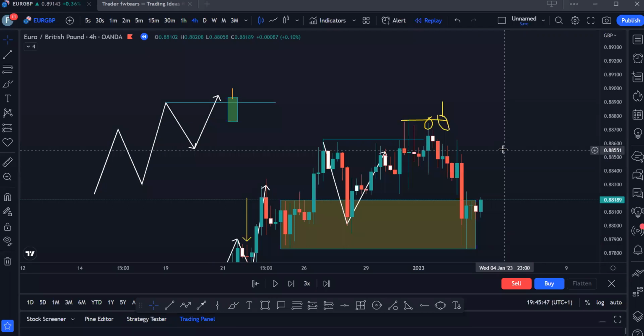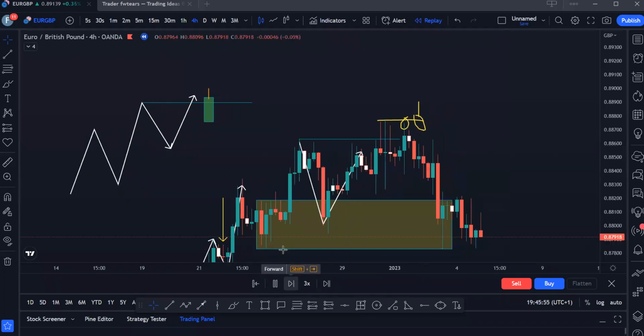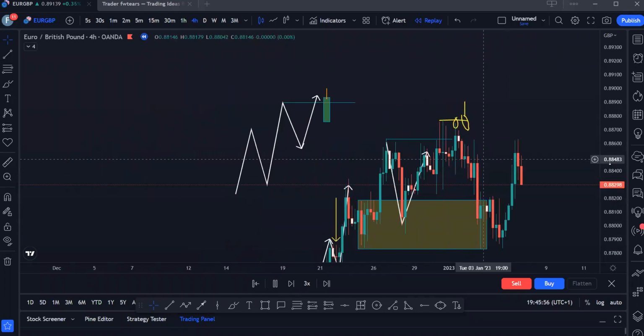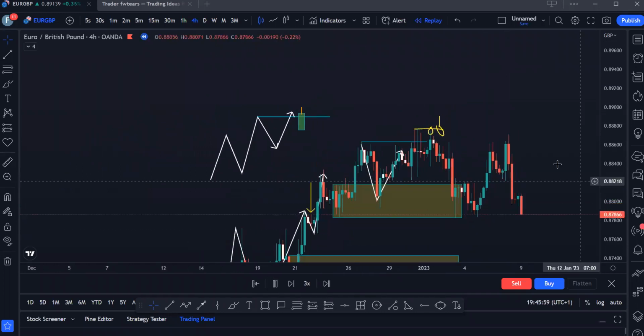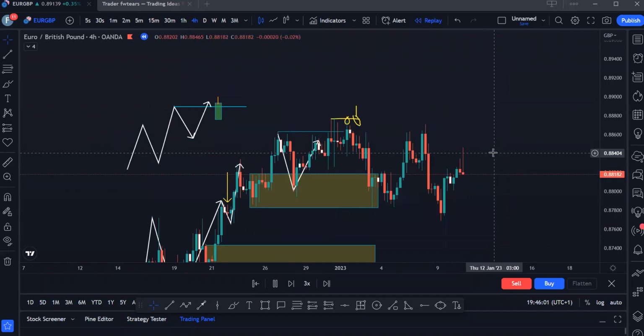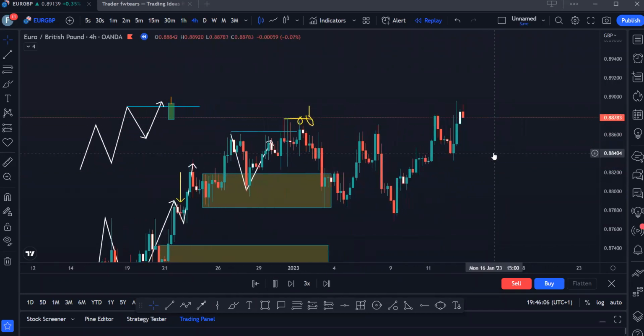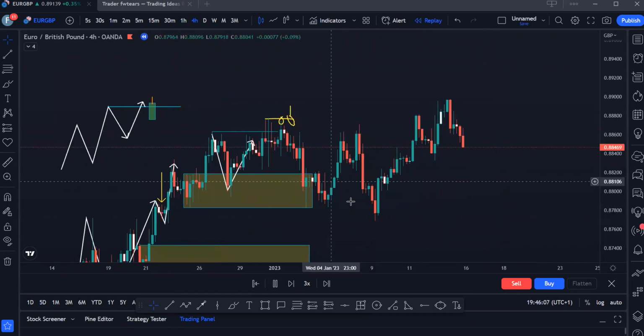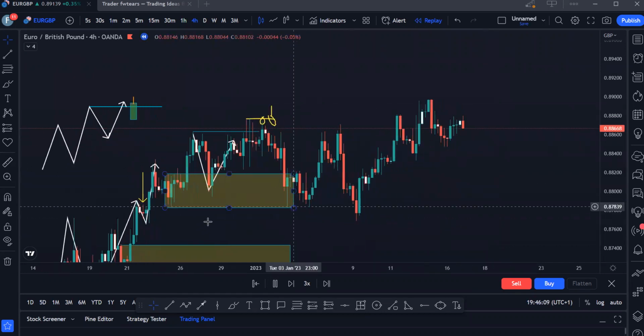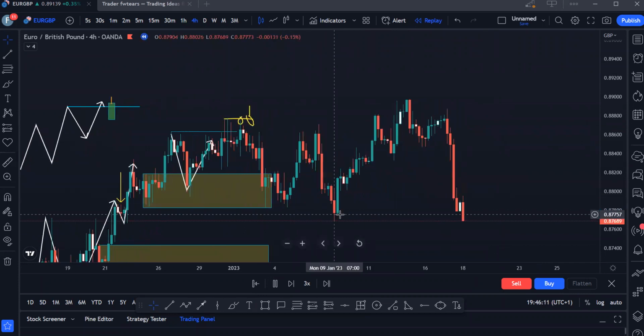Then we have to wait again and see whether this particular portion is broken before we now consider it a continuation of an uptrend, which almost never happened immediately. So price was playing around, it shifted because this higher low was taken out.